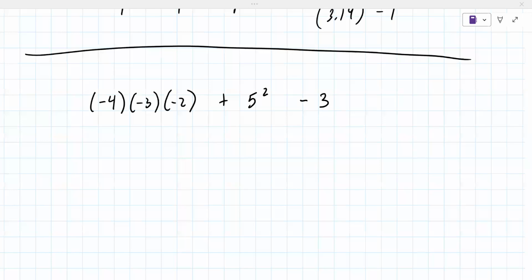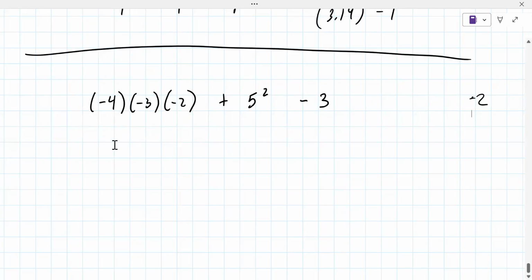So -4 times -3 times -2. What did you get for that?